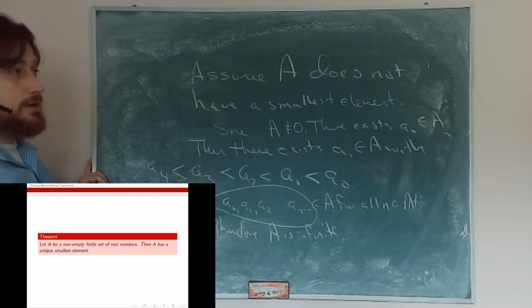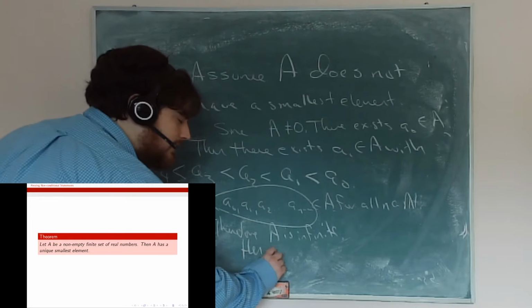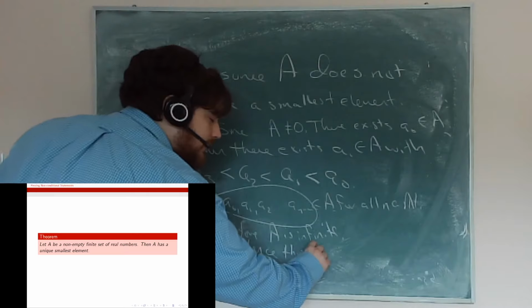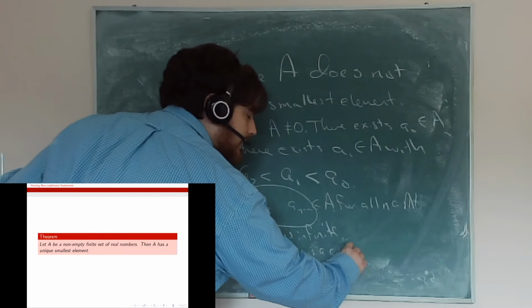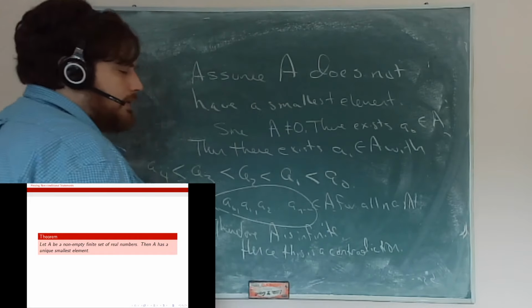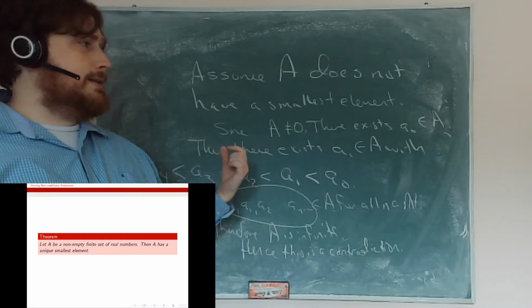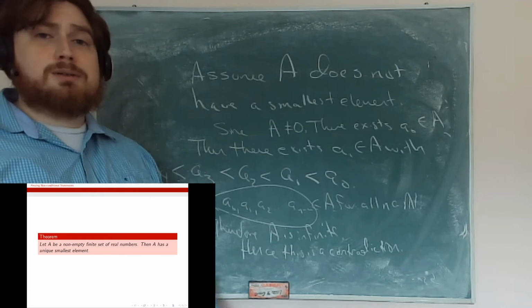However, notice that we assumed A was finite, so can A be both finite and infinite at the same time? Well, no. Hence, this is a contradiction. Therefore, if A is a finite non-empty set, it has to have a smallest element.